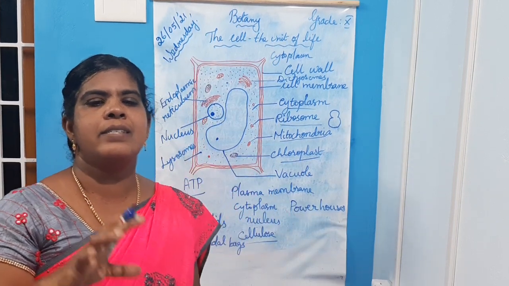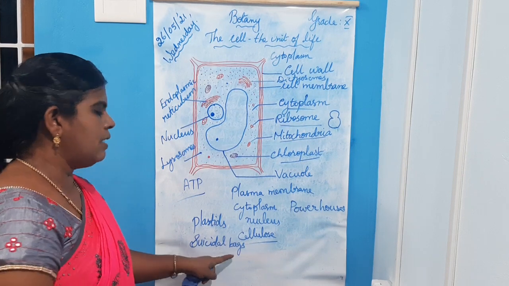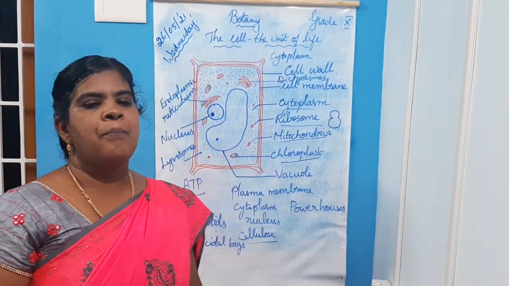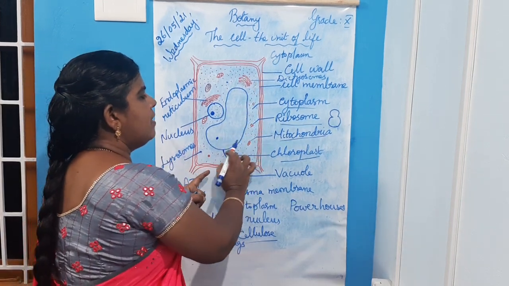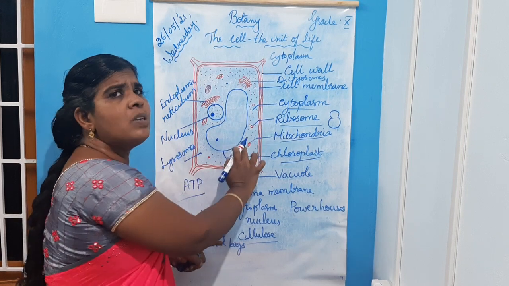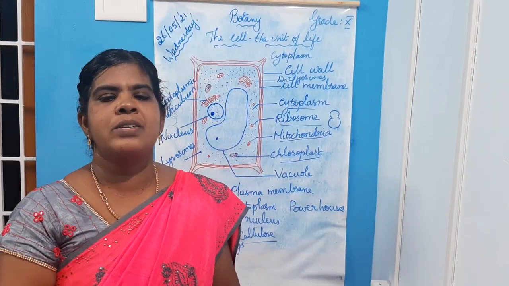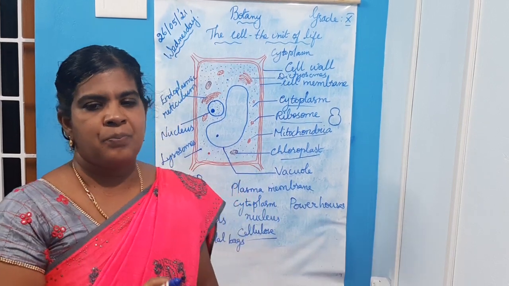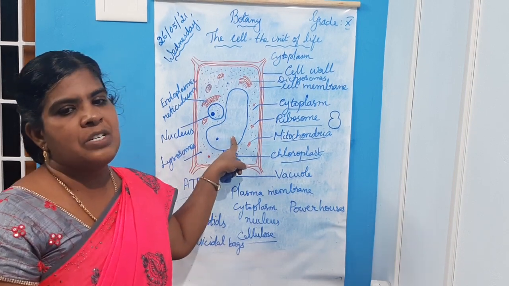They can digest the material within the cell. So lysosomes are said to be the suicidal bags of the cell. Then next, about the vacuole. In a plant cell, the vacuole is larger in size. Plant cell vacuoles are large and maintain the water pressure.